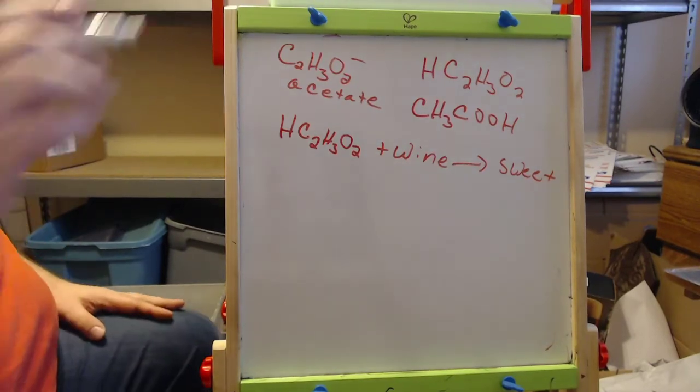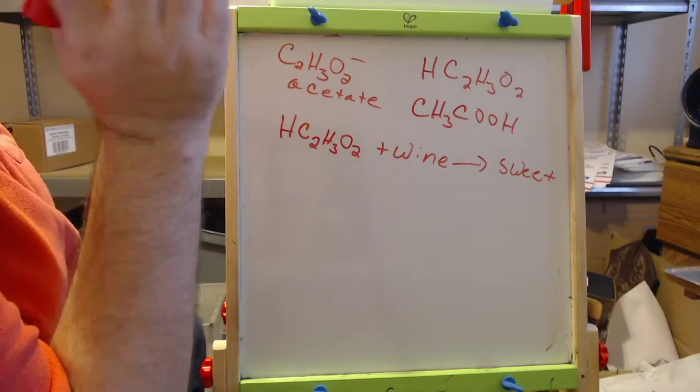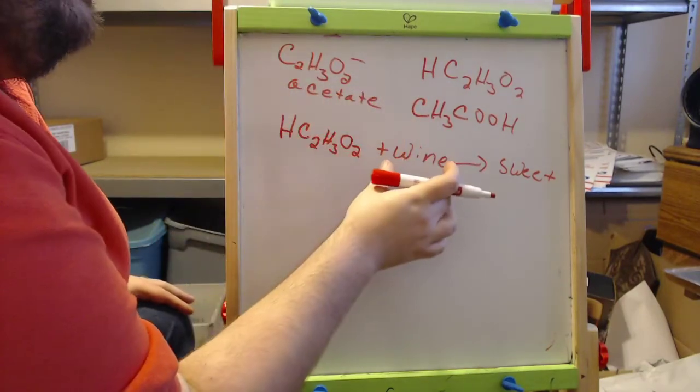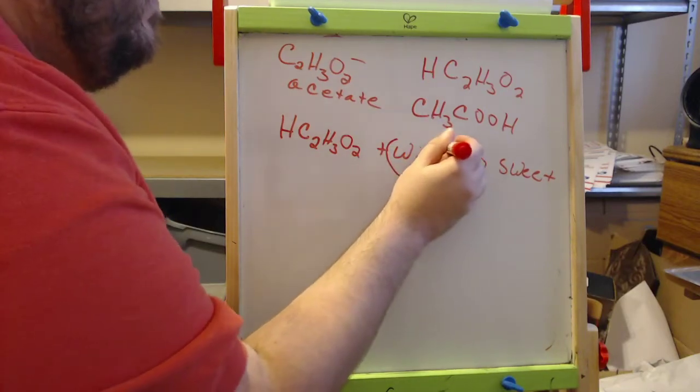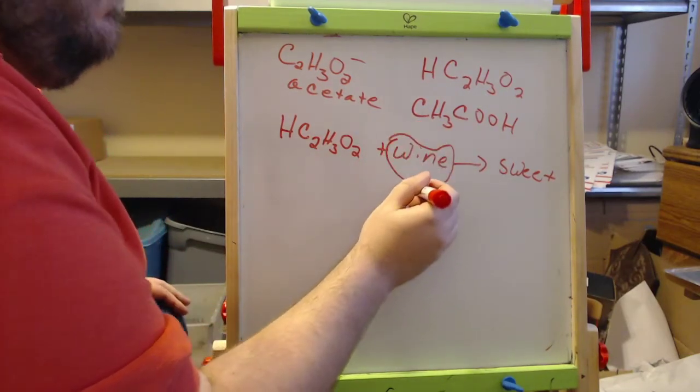What was really happening was a double displacement reaction. They didn't realize it, but the majority of their containers that the wine was held in were made out of lead.